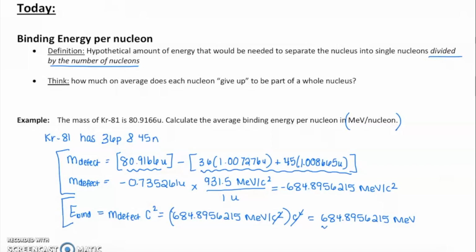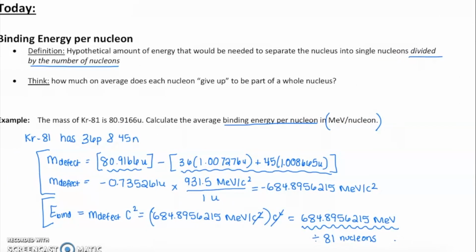And I have a binding energy of approximately 685 mega electron volts. Of course, I'm not rounding my decimals though. And to find binding energy per nucleon, I'm simply going to take that and divide by the number of nucleons. In this case, the number of nucleons is 81, 36 protons and 45 neutrons.